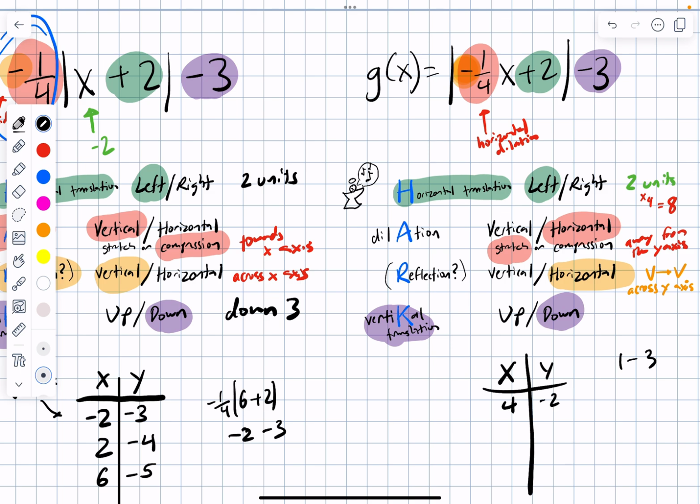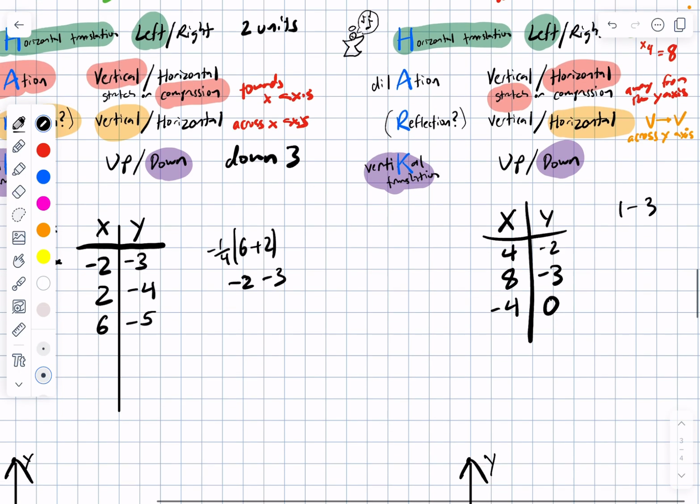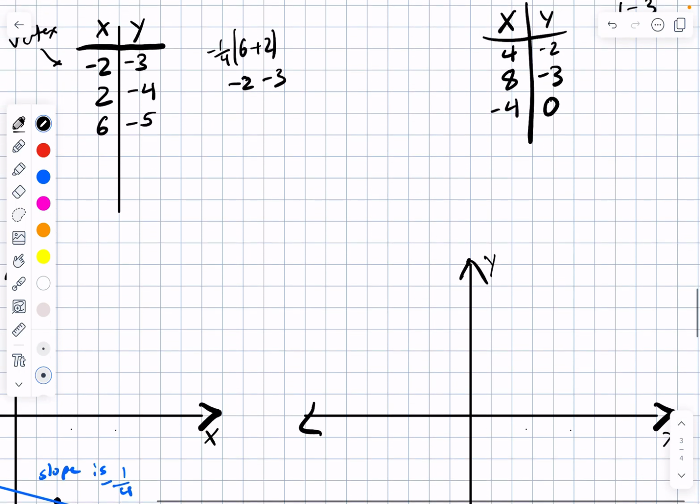Let's try 8. -1/4 of 8 is -2, plus 2 is 0, minus 3. Okay, then try -4. 1 plus 2 is 3, minus 3 is 0. Okay, so now we have 4, -2.